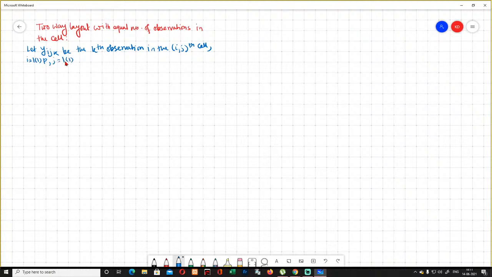That means there are two factors, A and B. A has p levels and B has q levels, and each level combination contains n observations. So k from 1 to n.